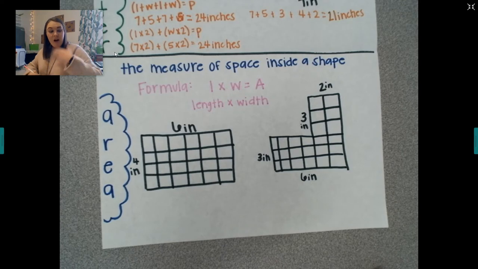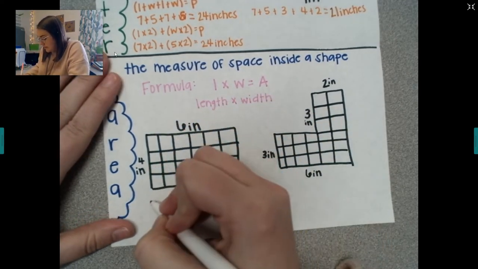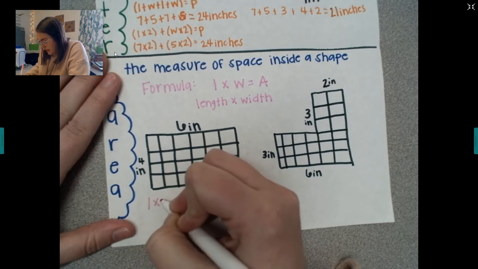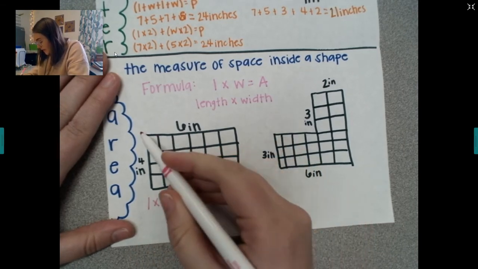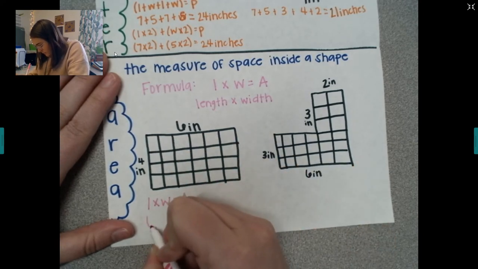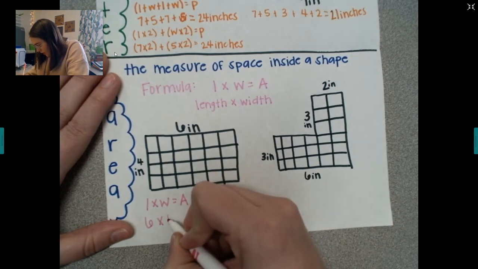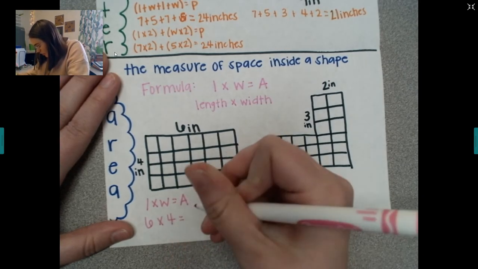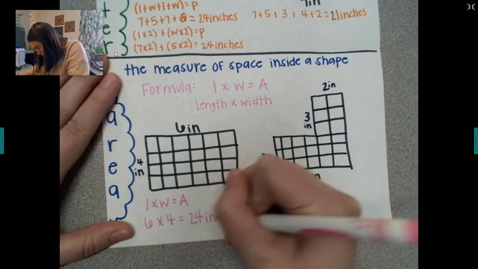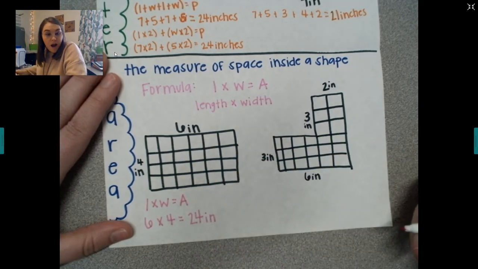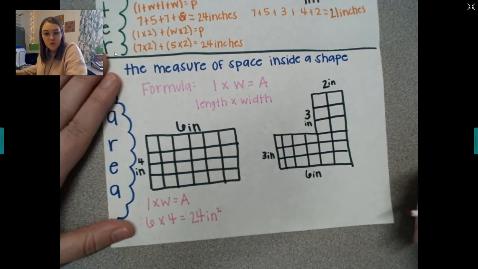So I take my length, 6, multiply it by my width, 4, and I will get 24. And this one is inches with a little 2 up there.